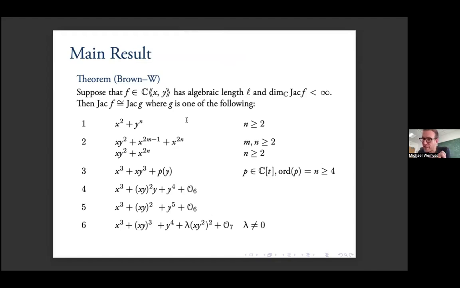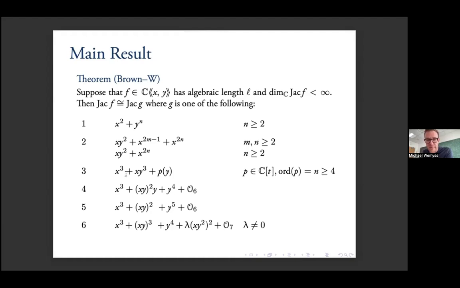This should feel very similar to simple singularities, ADE singularity theory. If you've got length 1, you have a particular form, x squared plus y to the n. If you've got length 2, you have something that's D4 in some sense, with some conditions, which are not so important.